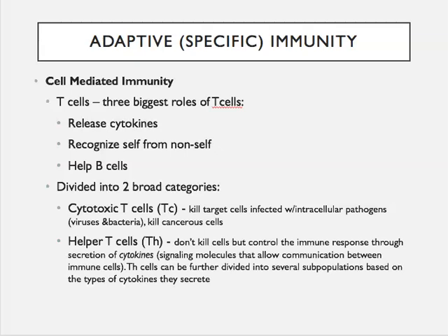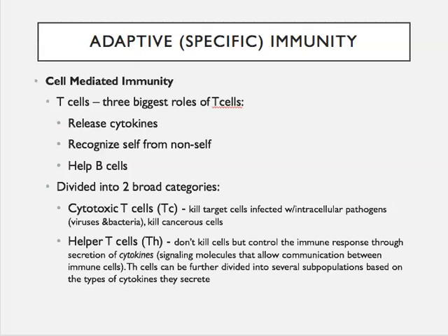T cells get divided into two broad categories. So you've got cytotoxic T cells and helper T cells. So your cytotoxic T cells kill target cells that have been infected with intracellular pathogens. So that could be viruses or bacteria. And they also help kill cancerous cells.